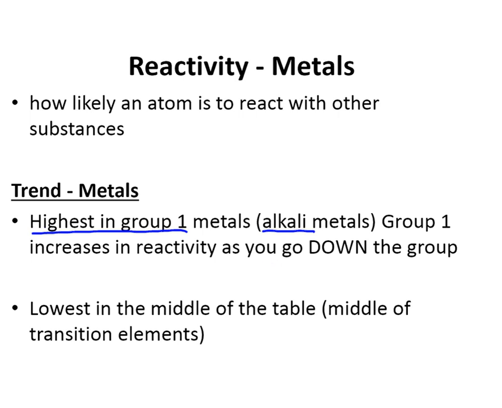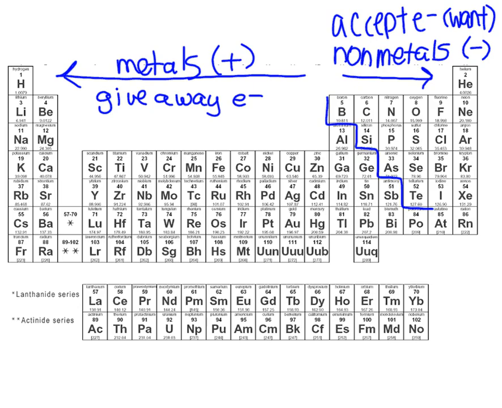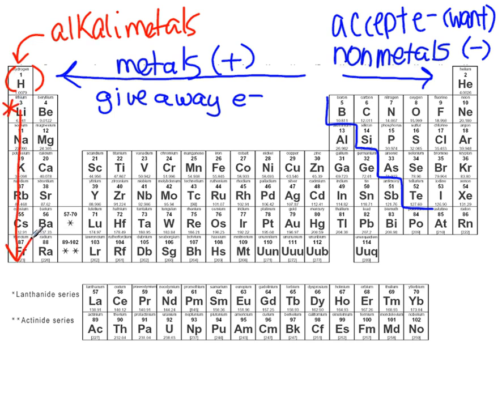If we flip back to this previous periodic table, this group here is your alkali metals. Not hydrogen, it's not a metal, but starting here at lithium. And as you go down that periodic table, the reactivity increases, so most reactive.